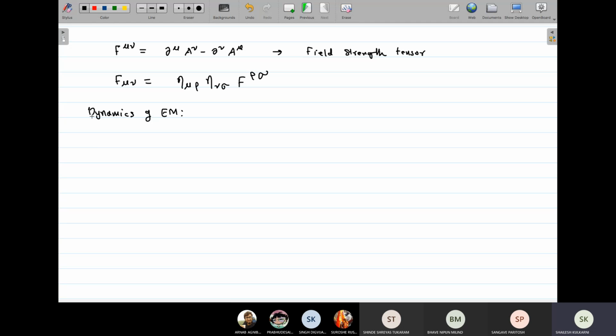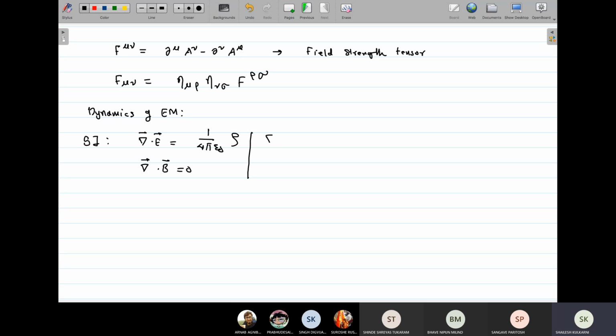So in SI units, your Maxwell's equations are del dot E equal to 1 over 4 pi epsilon 0 rho. Then del dot B equal to 0.